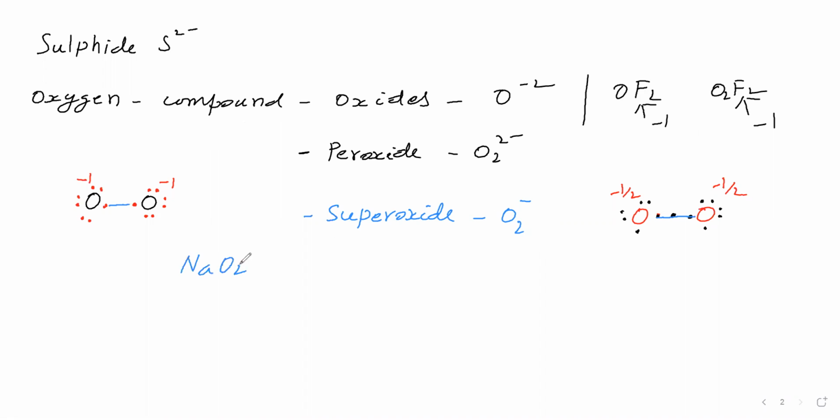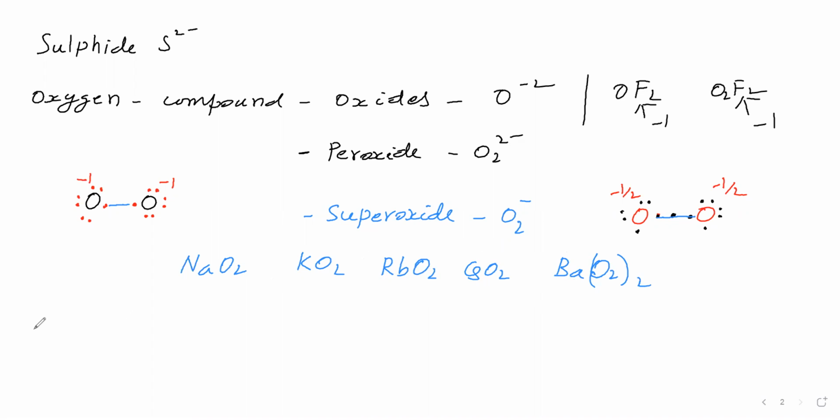Sodium peroxide, potassium peroxide, rubidium peroxide, cesium peroxide, barium peroxide. Superoxides are possible like this: sodium superoxide, potassium superoxide, rubidium superoxide, cesium superoxide, barium superoxide. Here the oxygen oxidation number is -1/2, which means an oxidation number can be a fraction.